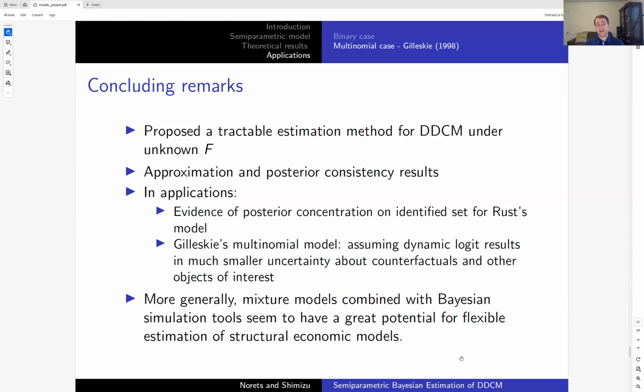More generally, it seems like using mixture models, and in this case this extreme value distribution mixture, seems quite promising in making these economic structural models arbitrarily flexible and yet still tractable for estimation. Okay, that's it.